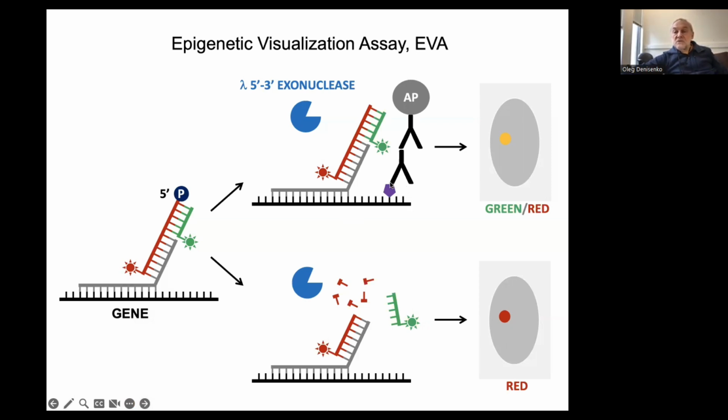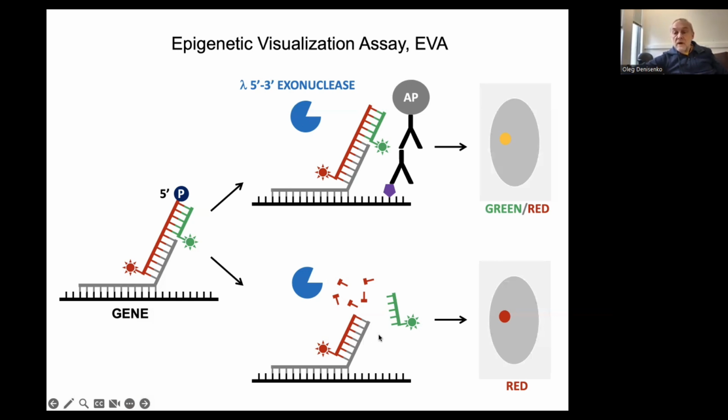If there is an epigenetic mark at the gene of interest, shown here in purple, this mark is recognized by a specific antibody, and secondary antibody is conjugated to alkaline phosphatase. And if there is a proximity, phosphate group is removed, and this oligo is resistant to lambda exonuclease, which is dependent on the 5' phosphate group.